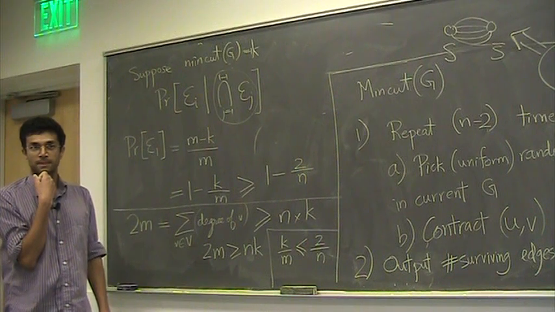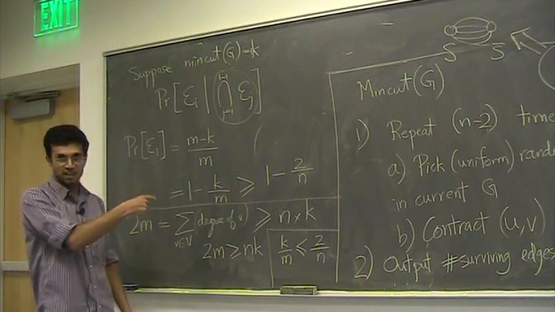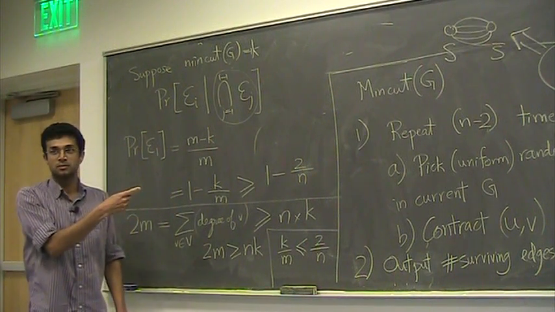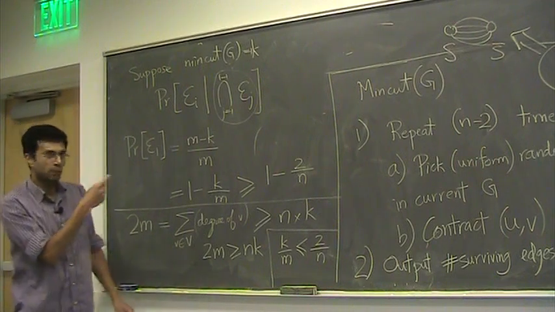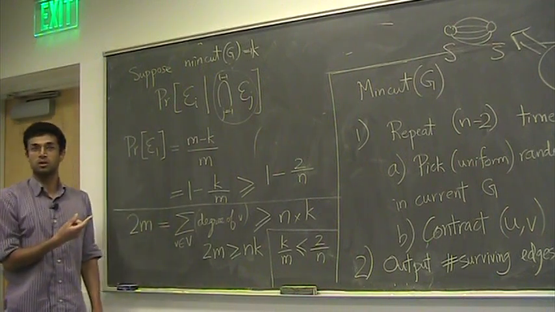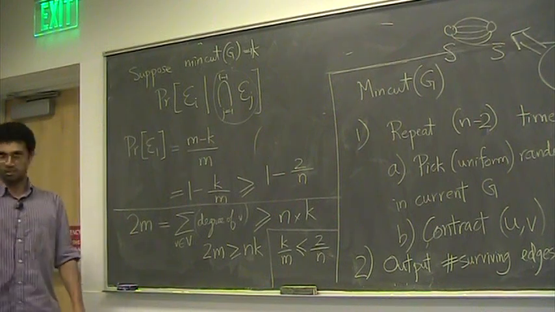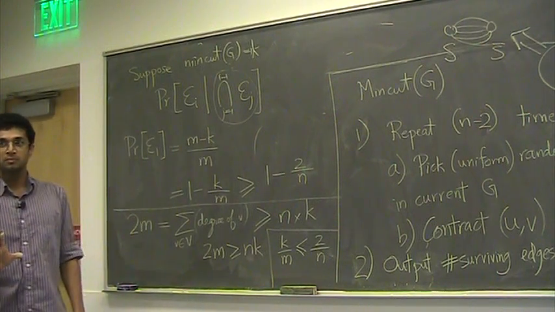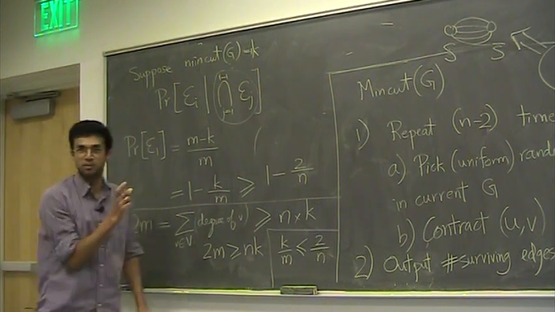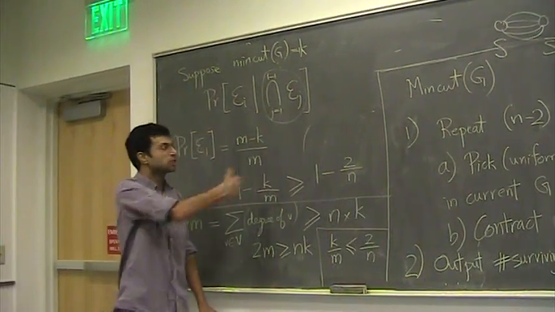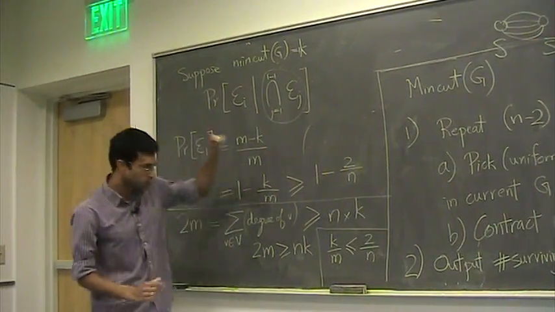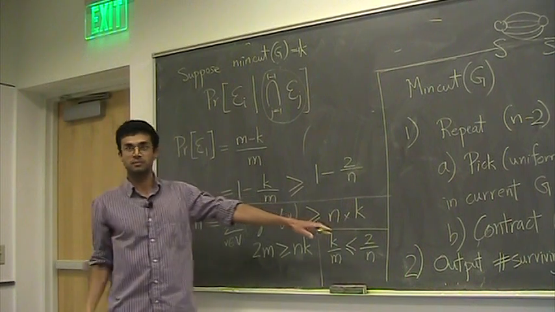Okay, so now we need to say what happens in the next step. But the same logic is going to hold, because the min cut value is still the same. There's only one difference when you look at the next step, conditioned on this happening: the min cut is going to stay as k.